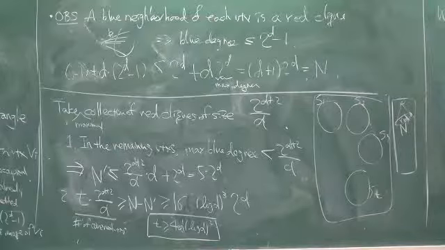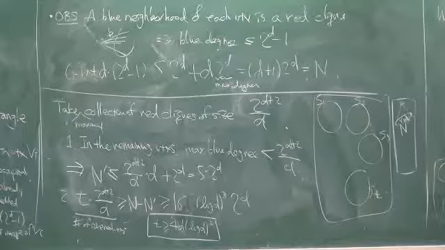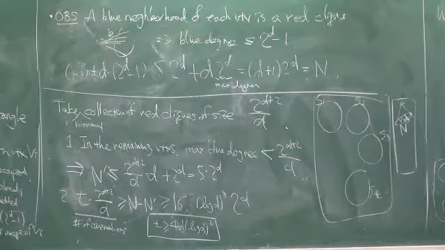So what our strategy will be is the following. We have these red cliques. We want to find nice cliques, a nice selection, and arrange it like the following.